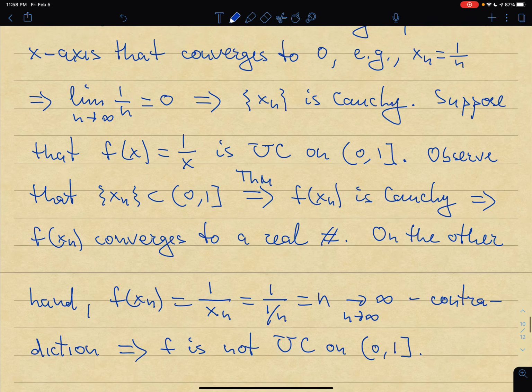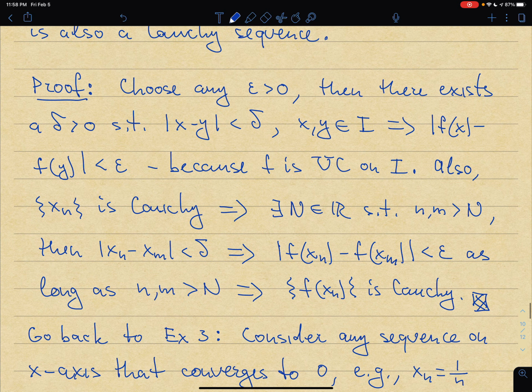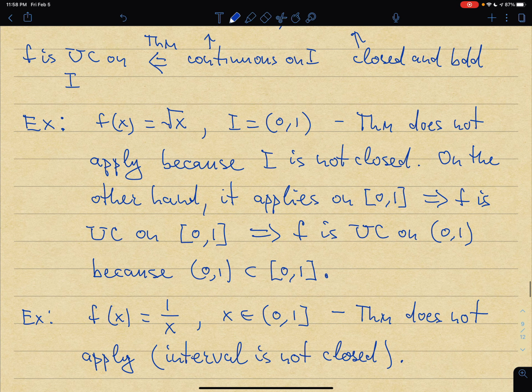We already saw an example here, right: the function square root of x on the open interval from 0 to 1 is uniformly continuous, but it's not defined on a closed and bounded interval.